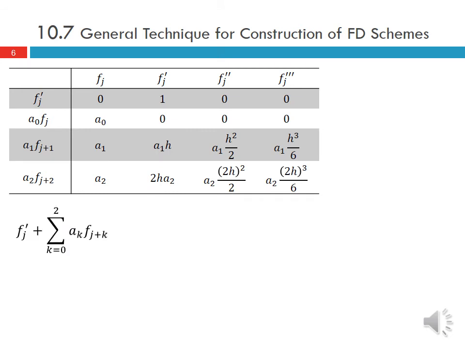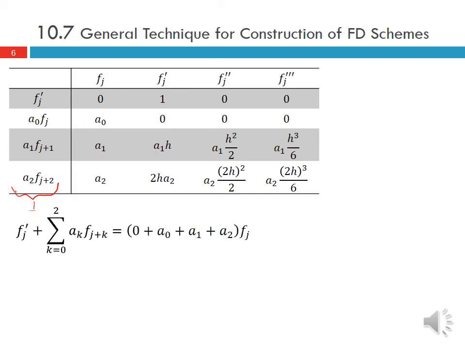So now we can write this as the sum of the other columns. So again, we said this sum here, or if we sum up this column here, we get this expression.